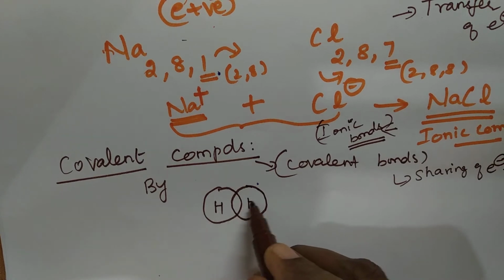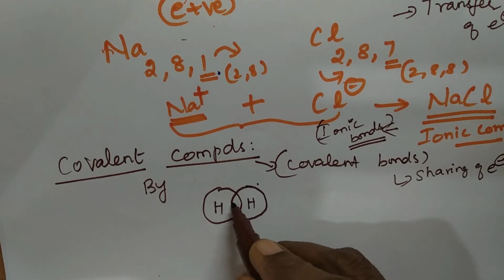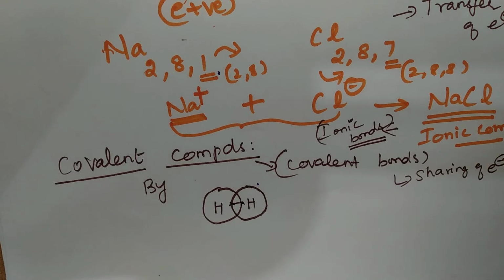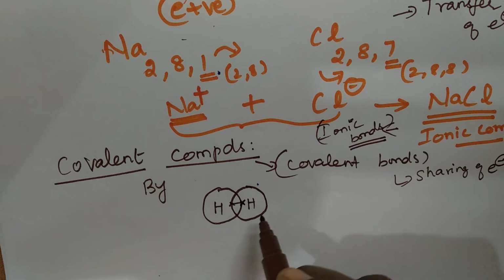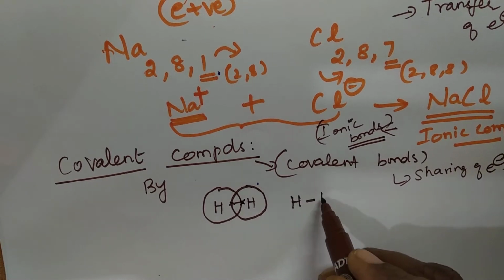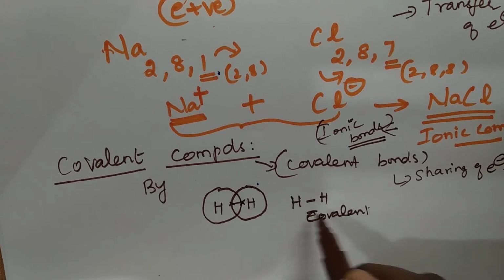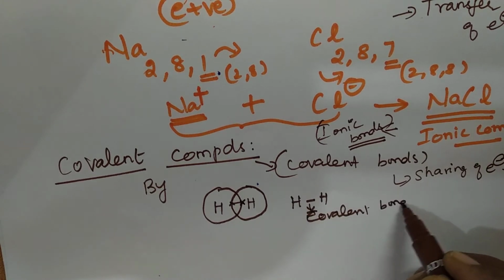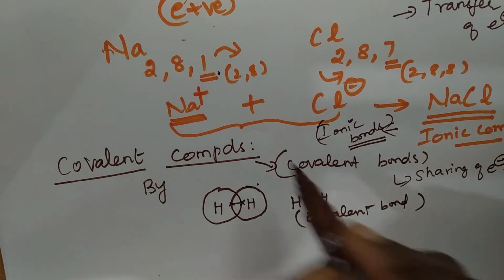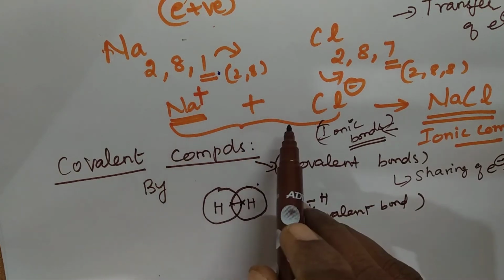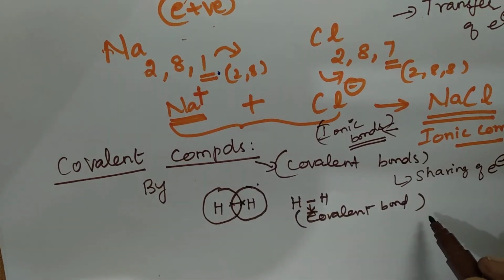So it combines with another hydrogen, and they share those 2 valence shell electrons to get a bond between them. That bond is called a covalent bond. It is not formed due to the formation of ions, so there are no ions here.